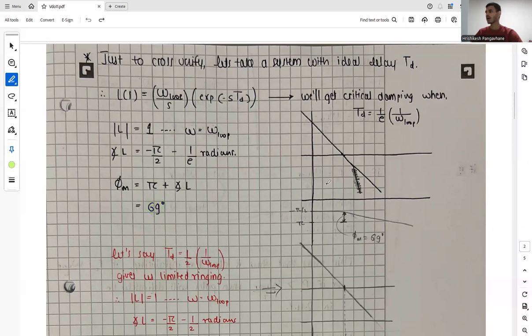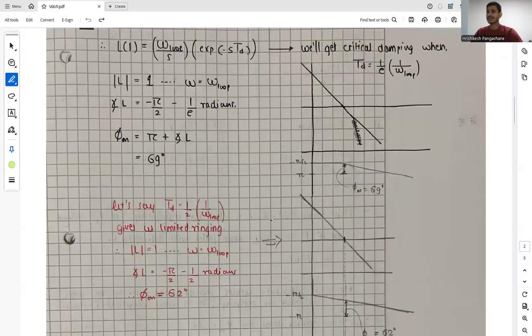So our bode plot will basically look like this: we don't have a pole right here right now, so it will go on decreasing like this beyond our unity gain bandwidth, and the phase also will go from minus pi by 2 like a ramp, and at the point of omega loop we can see a phase margin of 69 degrees.